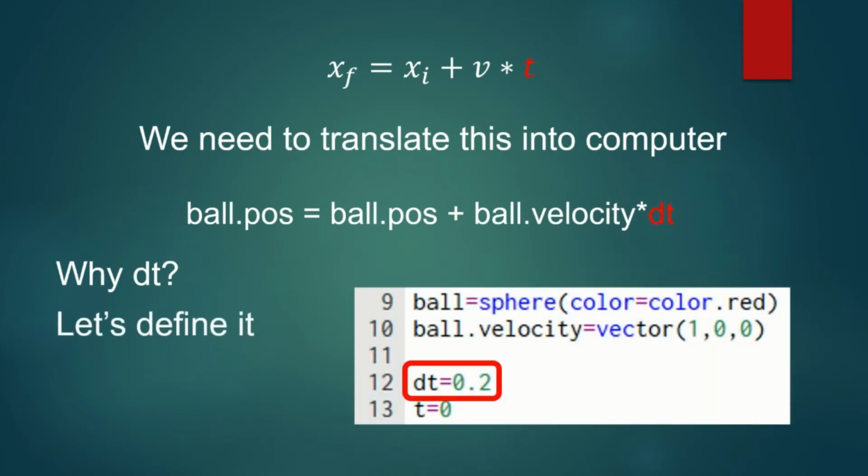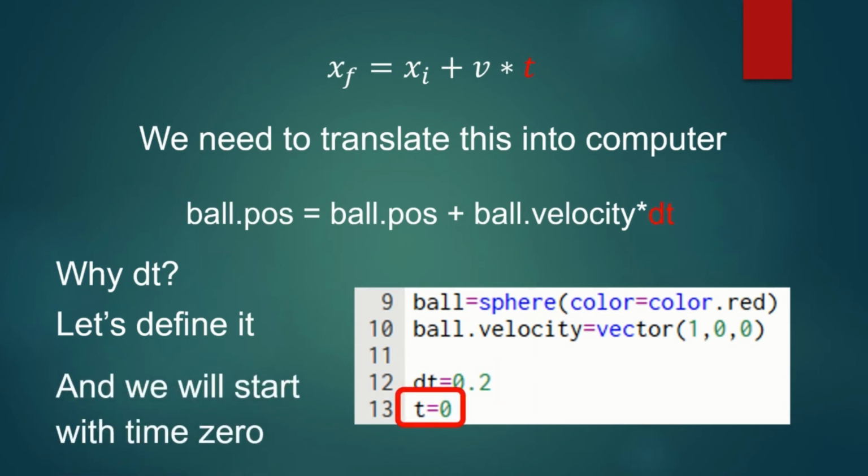D is actually delta, and we need to define it. So delta is our time period. Remember when we did our lab with our constant velocity, we had a time period of 1 second. What was happening every second was our delta t. So we want to define a change in time period here. So let's just use dt equals 0.2. We'll start with that and change it later if we want to. And we are going to start at time 0.